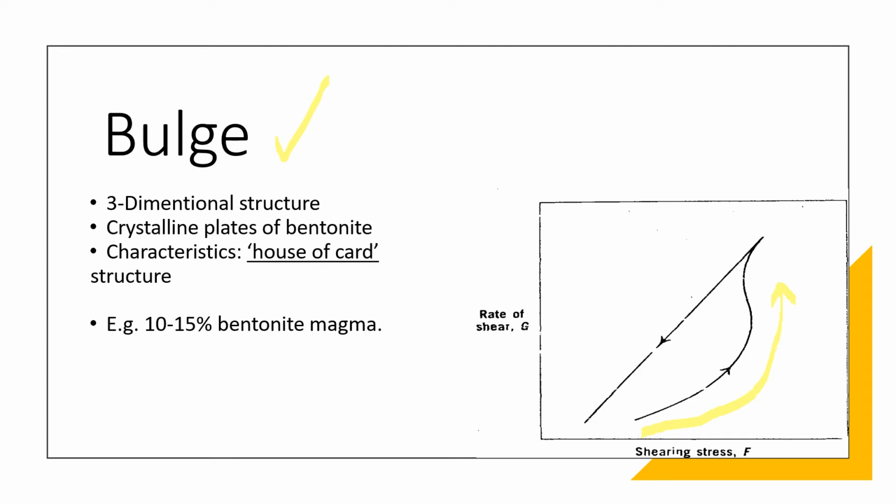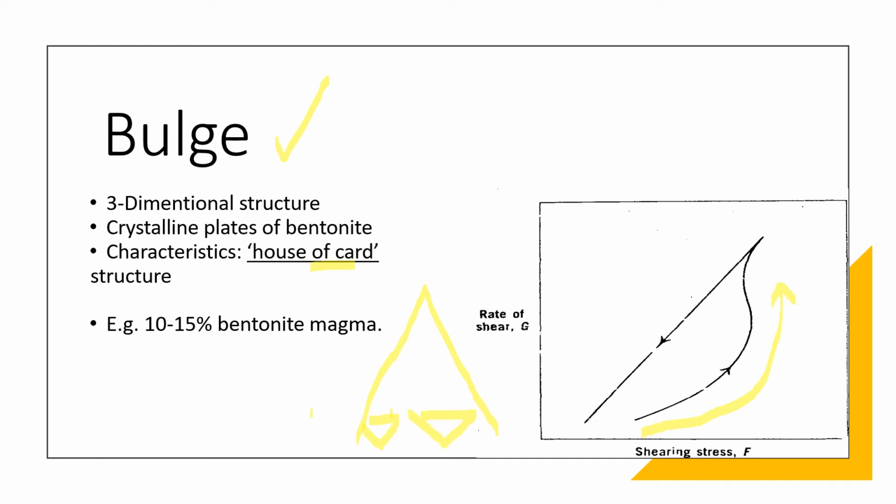It has been observed and reported that the crystalline plates of bentonite form actually the house of card structure. You might have observed a house of cards, like many cards placed in such a way that they form a house of card structure.